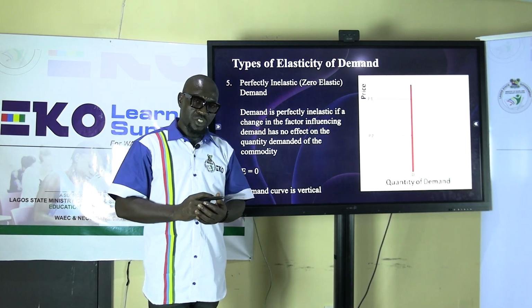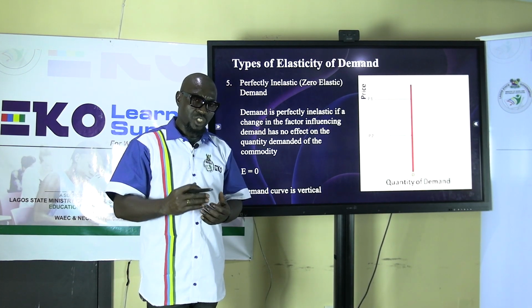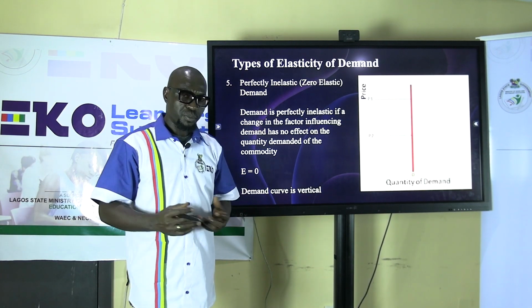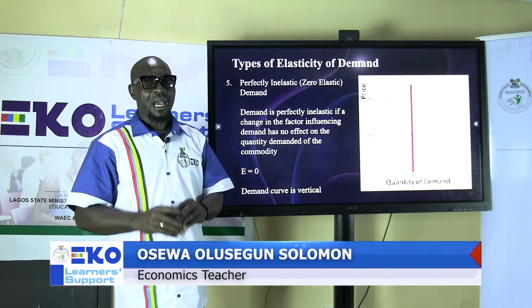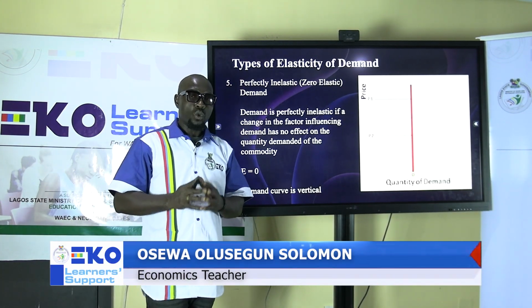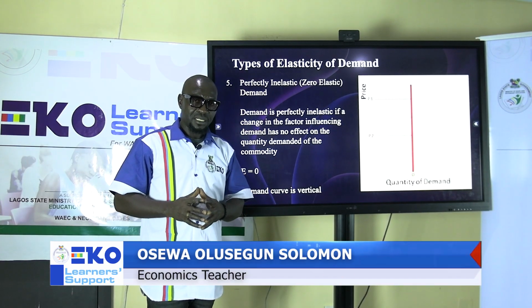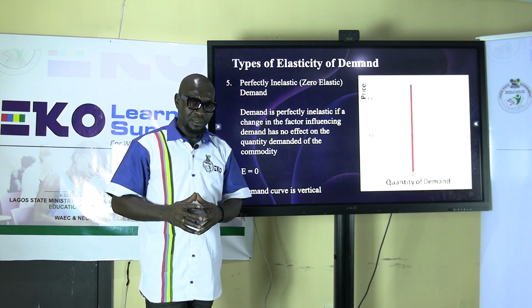A 5% change in income leads to a larger proportionate change, maybe 30% change in quantity demanded, and you say demand is elastic. And when you determine the coefficient of elasticity, it is greater than 1.